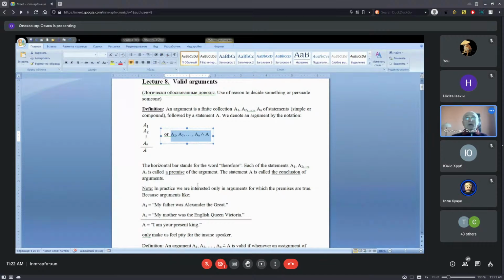Each of the statements A sub 1, A sub 2, A sub n is called a premise of the argument. The statement A is called the conclusion of the argument.